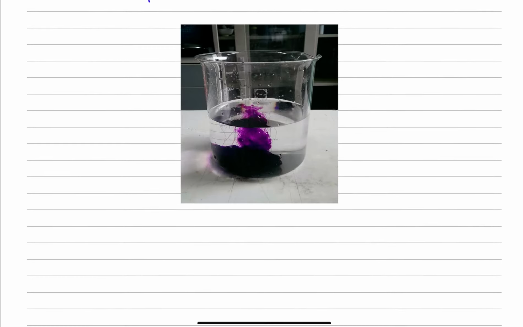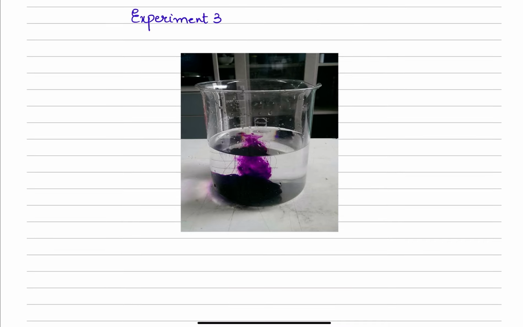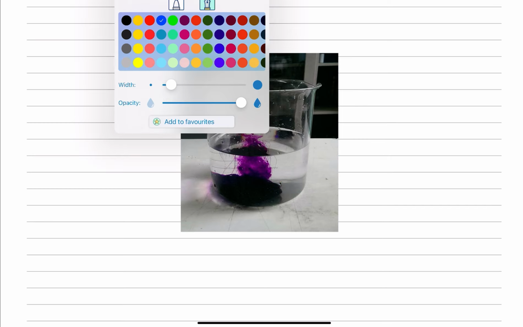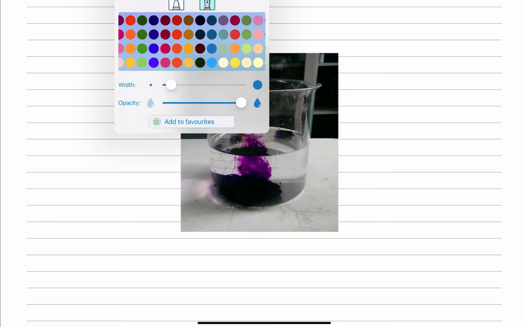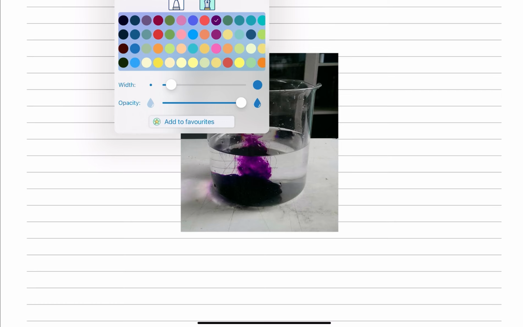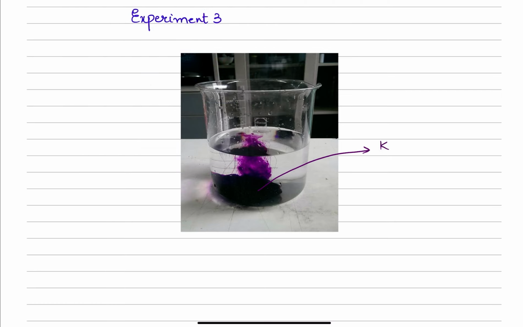In experiment number 3, this is a diffusion case, but this is diffusion through liquids. The first two experiments were diffusion of gases. This is diffusion in a liquid. So this is a KMnO4 solid, and I would use a purple color for this because KMnO4 is purple. It's a KMnO4 solid, potassium manganate.